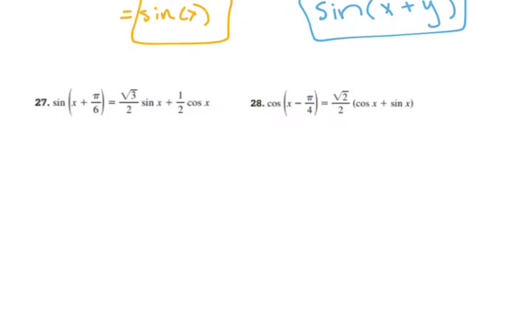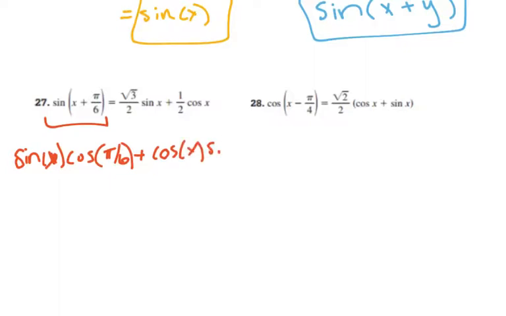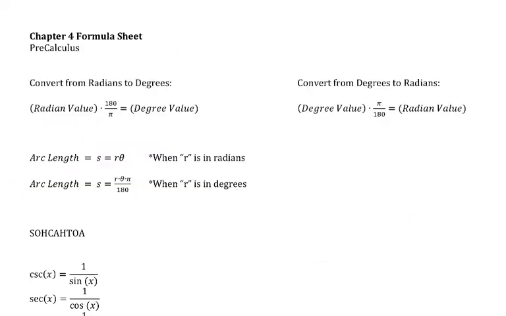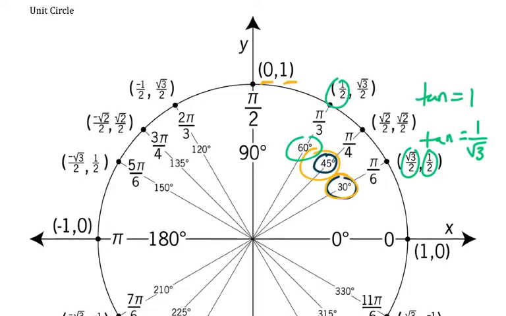Alright, so the next one we're going to use the sine addition property. So we've got sine of the first one times cosine, oops, sorry, that's an x, of the second one. And then it's sine, so they're going to stay plus, and then now cosine of the first one, and then sine. So going over to our unit circle for pi over 6, that's 30 degrees.